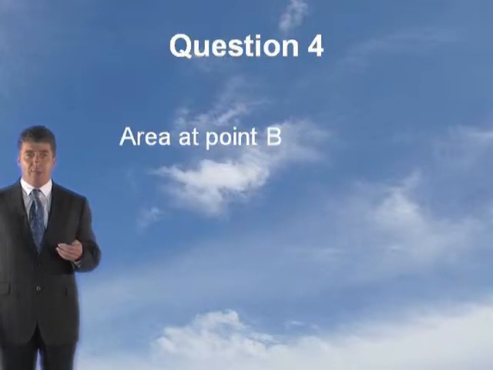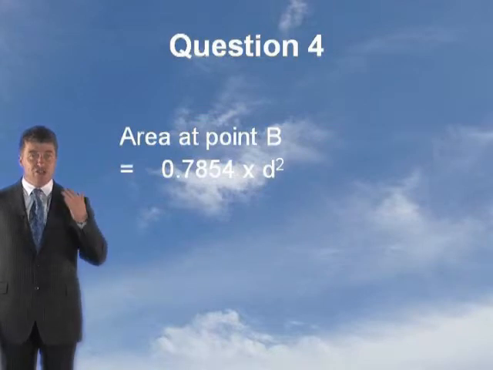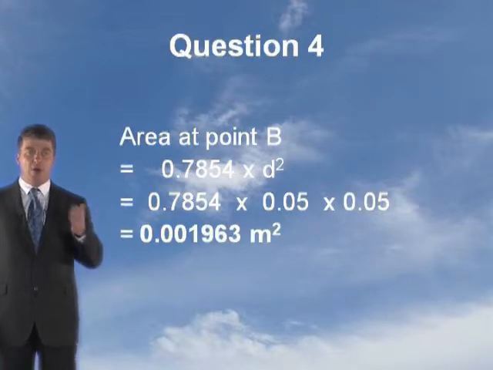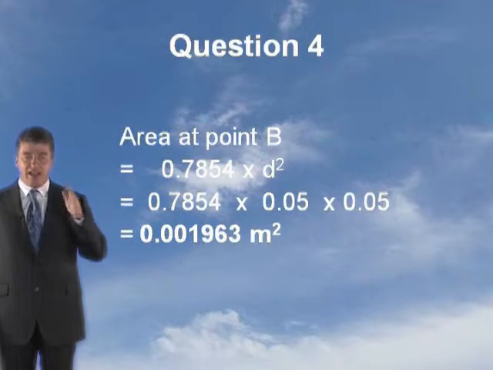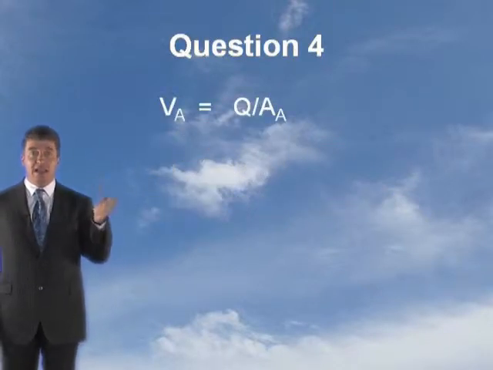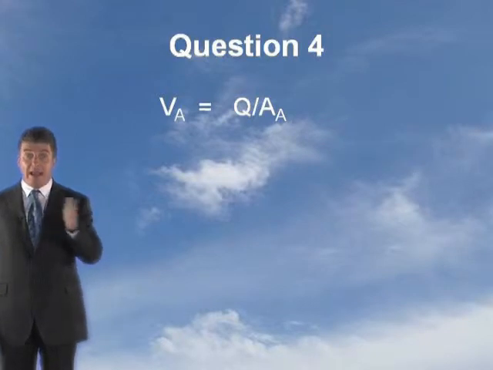And the area at point B, same formula, 0.7854 times 0.05 times 0.05 equals 0.001963. That's the area.